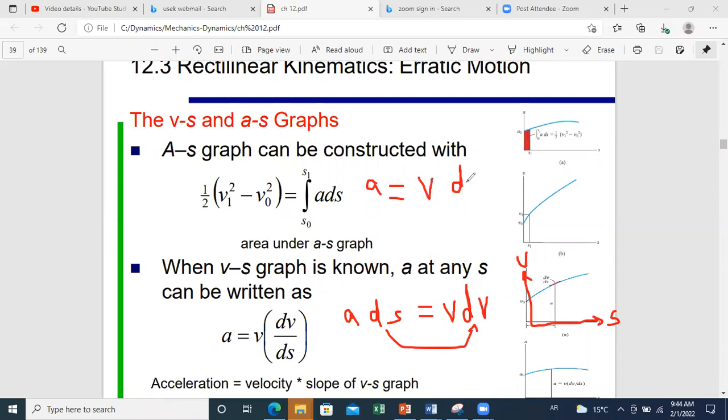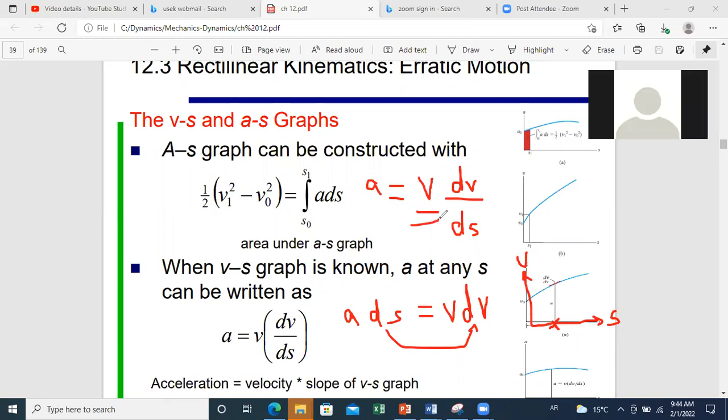Now, if I do an interpretation of this formula, it means that at any position s, if I want to find the corresponding acceleration, first I should determine what is the velocity at this point. I can do this graphically because I have v as a function of s. So all I have to do is to read the corresponding value of velocity for this position s.